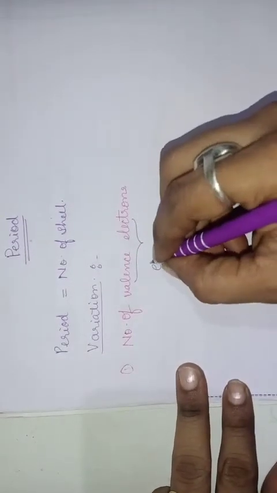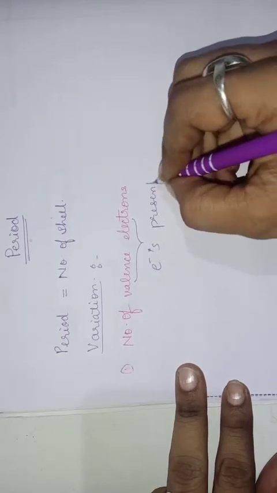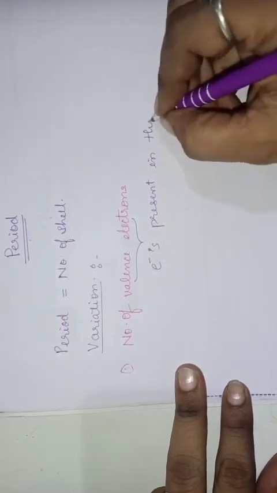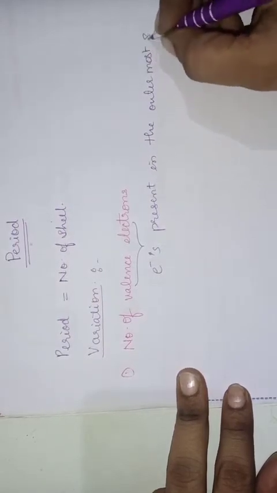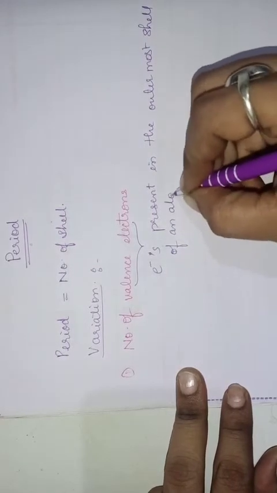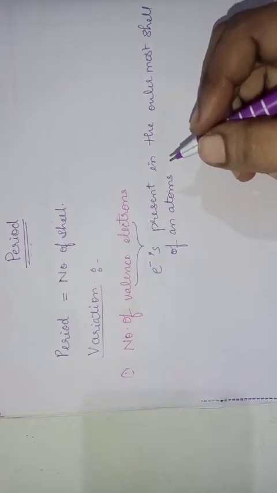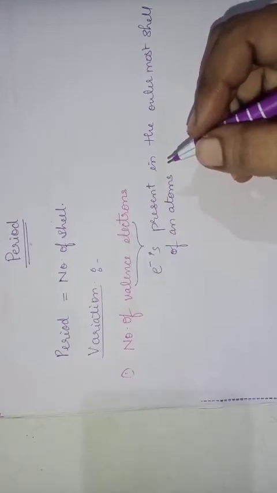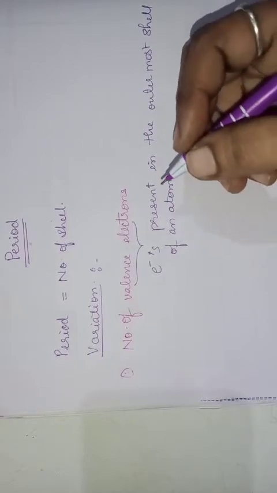Valence electrons are electrons present in the outermost shell of an atom. These are known as valence electrons. Now, when we see across the period, the number of valence electrons increases successively by 1.